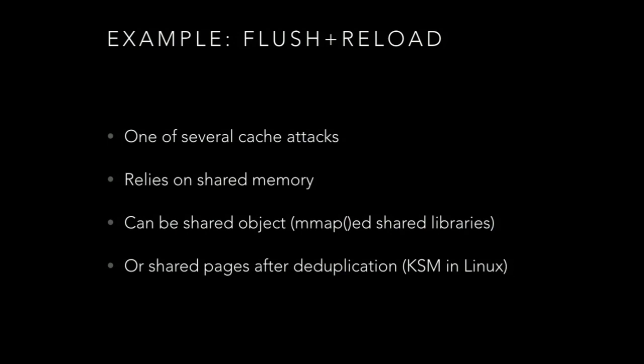So this cache attack example is called flush and reload. It's very common in operating systems that you literally share exactly the same physical memory. It's a very powerful technique to reduce the working set size, because if we're both doing the same thing with the same program, we don't have to copy it.